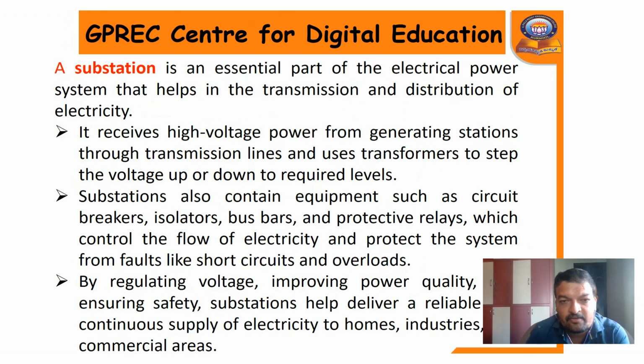Substations also contain equipment such as circuit breakers, isolators, bus bars, and protecting relays, which control the flow of electricity and protect the system from faults like short circuits and overloads.